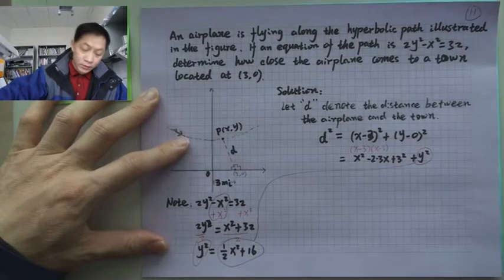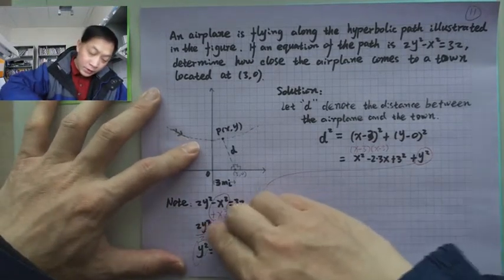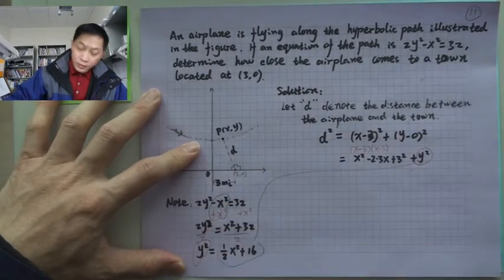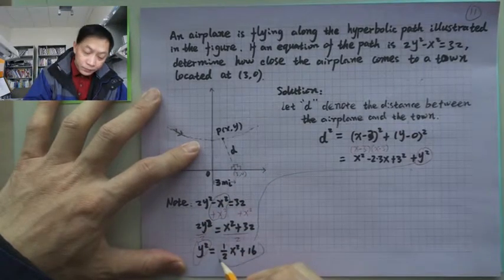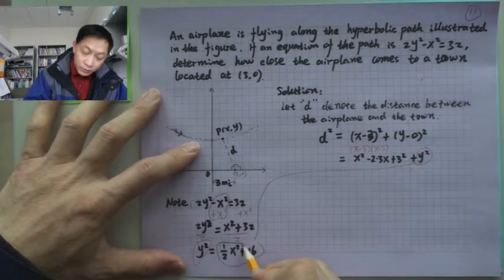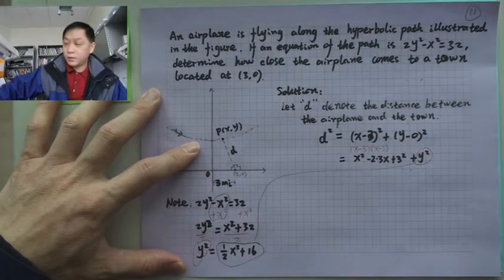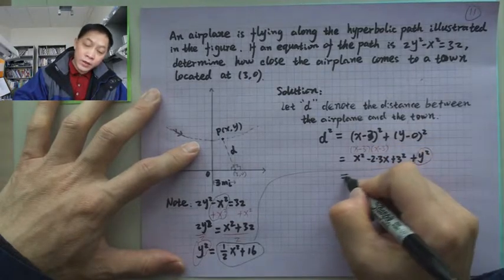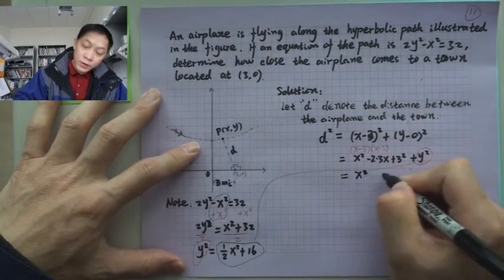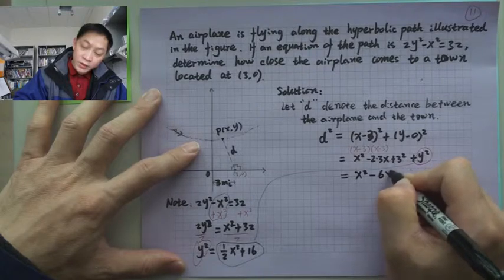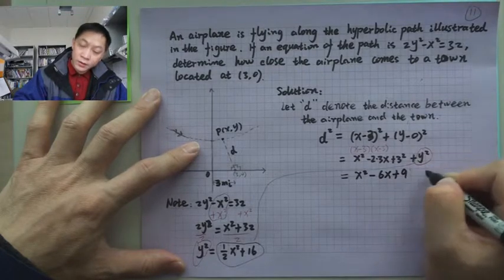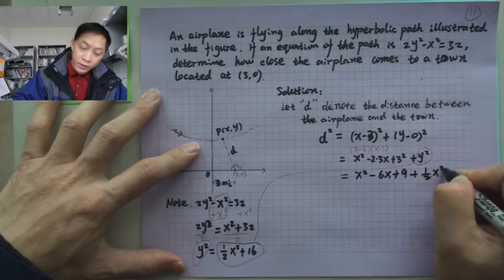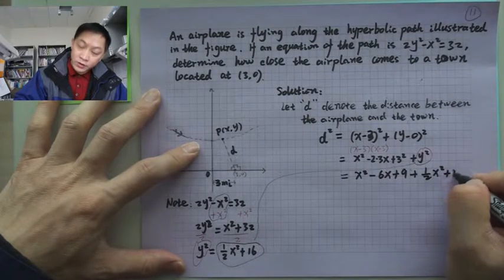So let me erase that and put this one in. We have x squared minus 6x plus 9, plus one half x squared plus 16.